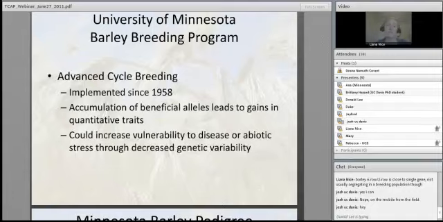So this is basically just a process where you cross elite by elite cultivars and maintain a closed population where you don't bring in exotic germplasm or even just distantly related germplasm. And this has led to the production of many highly successful malting barley cultivars, but it also has led to some amount of vulnerability due to the decrease in genetic diversity of the population.